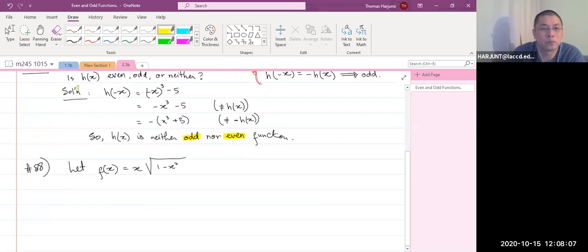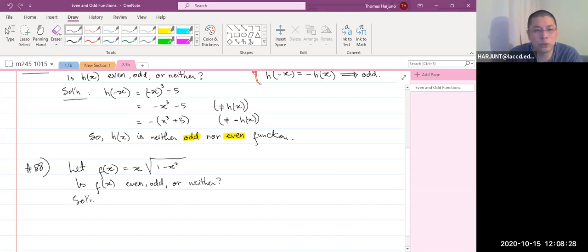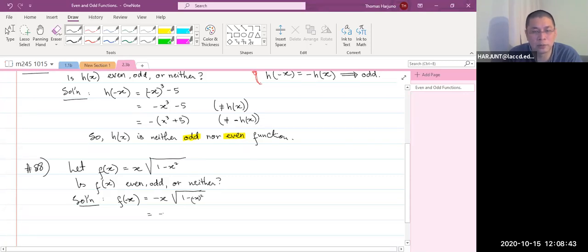Now then, continue here. Is f of x even, odd, or neither? Solution. What we do is replace x by negative x and see if it simplifies to the original function or the opposite function.